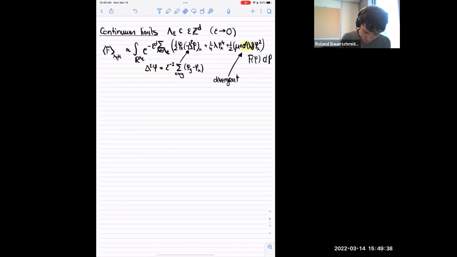That is what's called a divergent counterterm. And it turns out that if you choose this a epsilon of lambda in a specific way, and there's a simple explicit choice you can make in dimensions 2 and 3, you will obtain a non-Gaussian measure. And we also know that in dimension 4, you cannot do this.